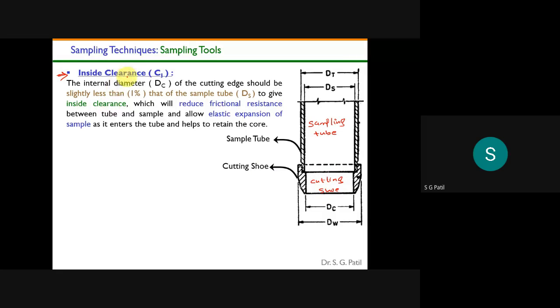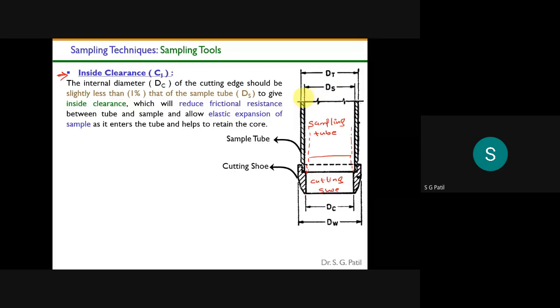So inside clearance means whatever you see, this inside dimension. This one, let me take this. This is Dc. Okay, so this is Dc. The inside diameter of your cutting shoe will be lesser than the inside diameter of your tube.